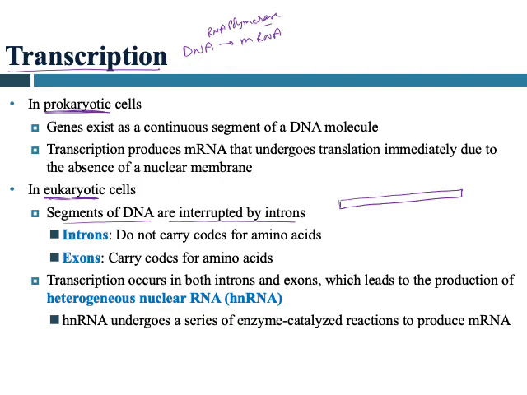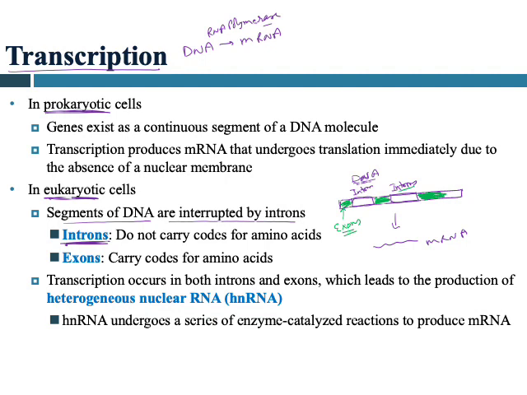But the problem is that this DNA region that needs to be copied in the form of mRNA contains some regions called introns, and you have some other regions that are useful. This green one is a useful region, which is called exons, that gives the actual information.